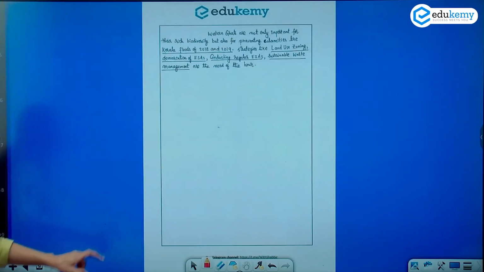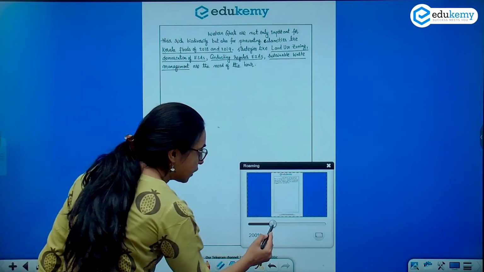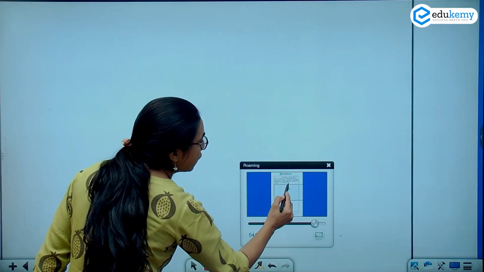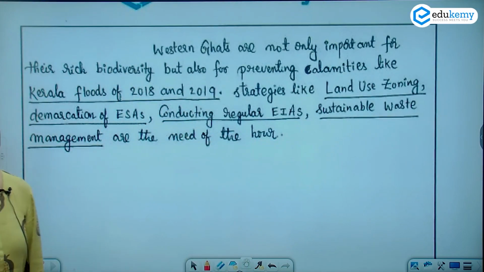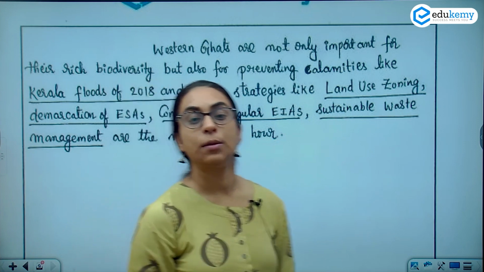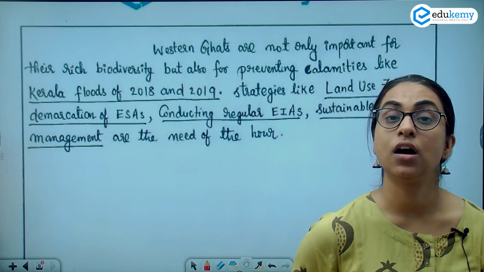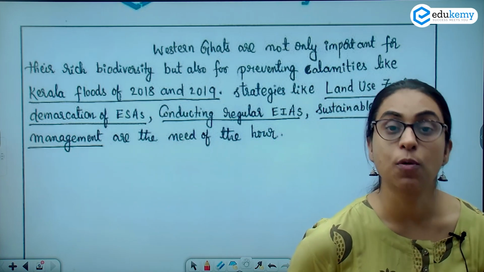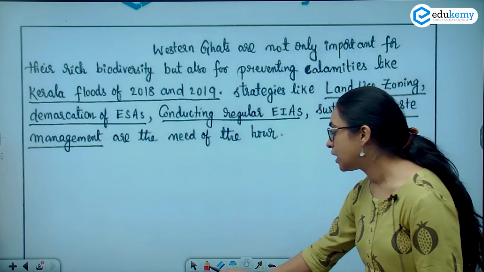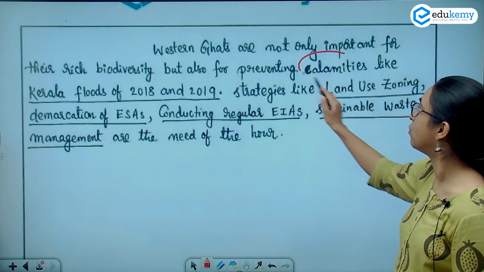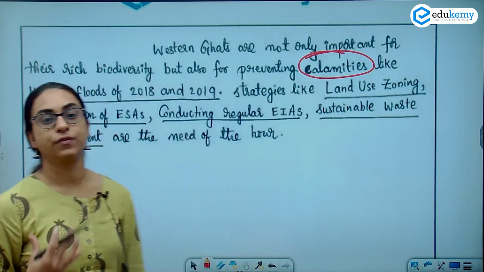Then you can conclude the answer by mentioning why the conservation of the Western Ghats is important. It is very important not only because it has rich biodiversity, not only because it is a biodiversity hotspot region, but also because it affects the climate, protects from natural calamities, and influences atmospheric circulation.